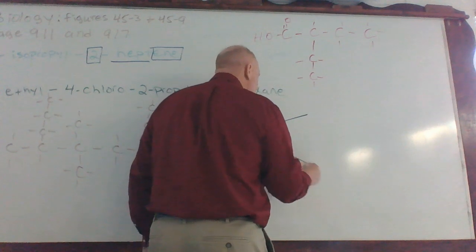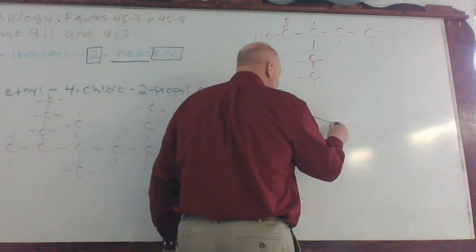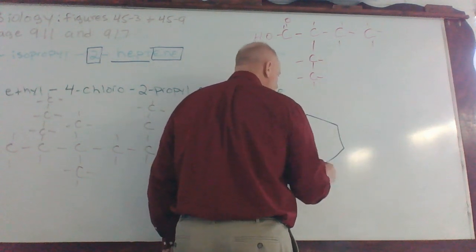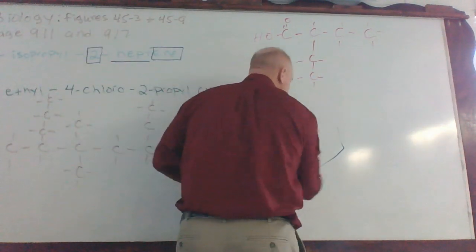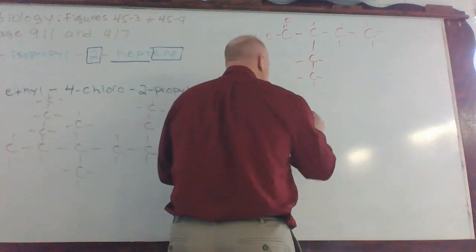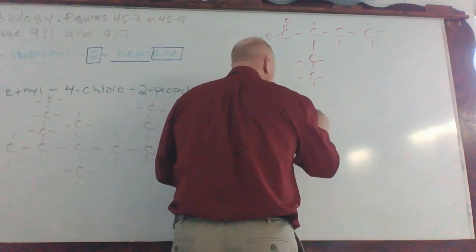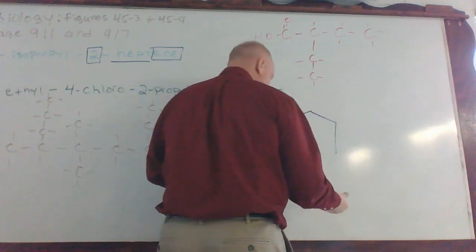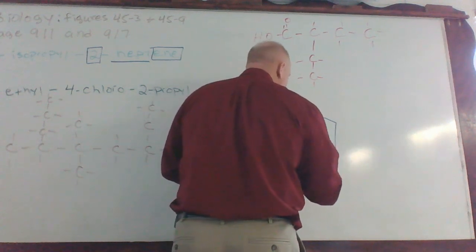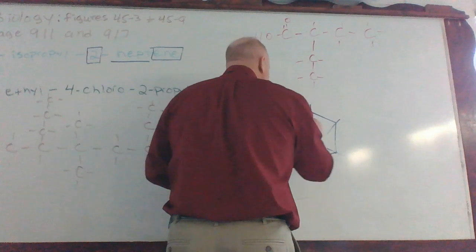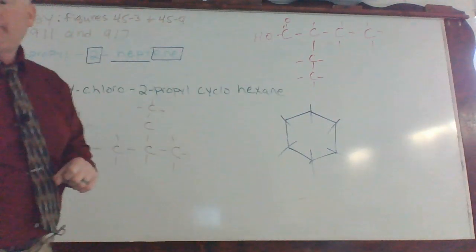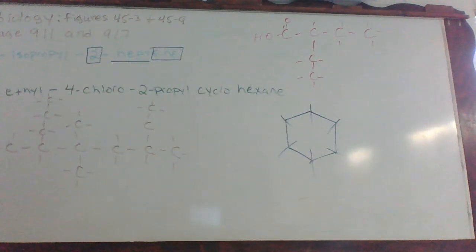So is there any multiple bonds in this 6-sided figure? Okay. So if we just left it with that, what do we have? You'd have cyclohexane. There's no double bonds in there.